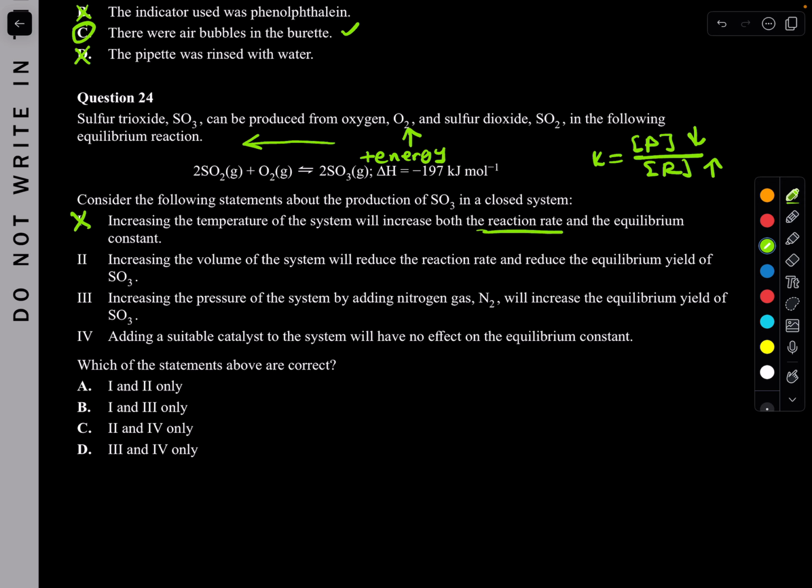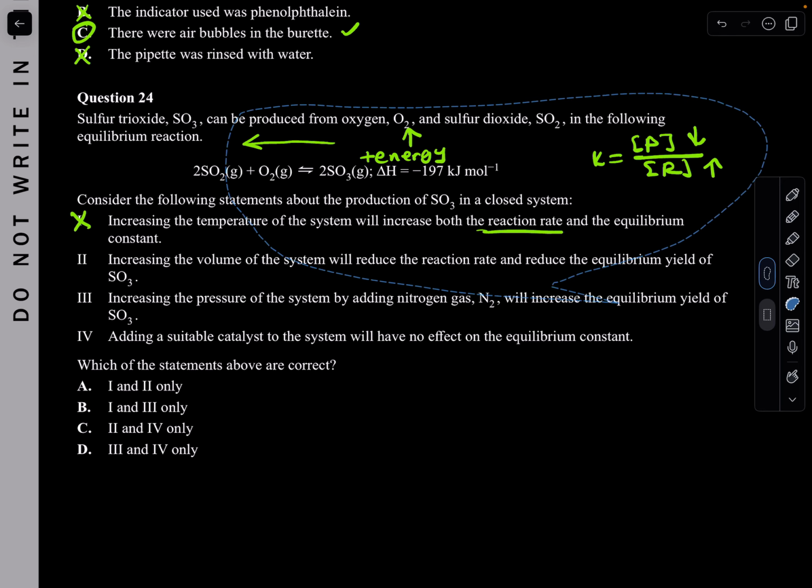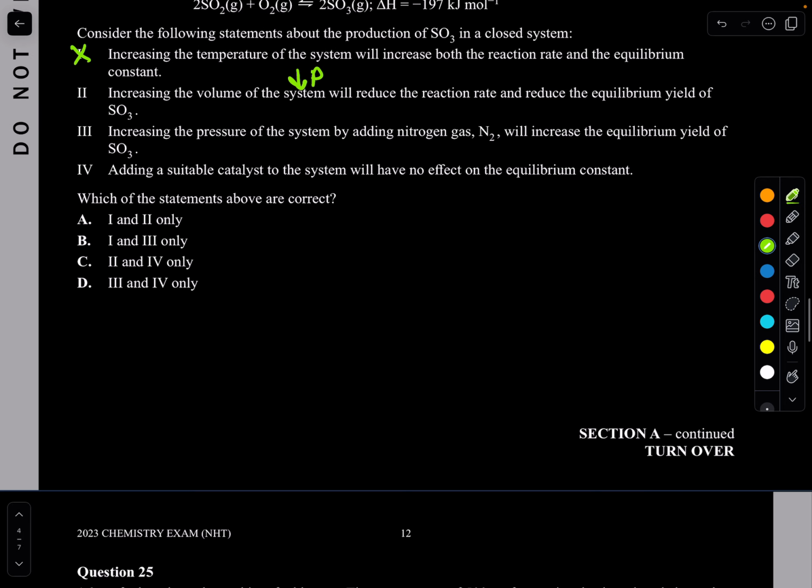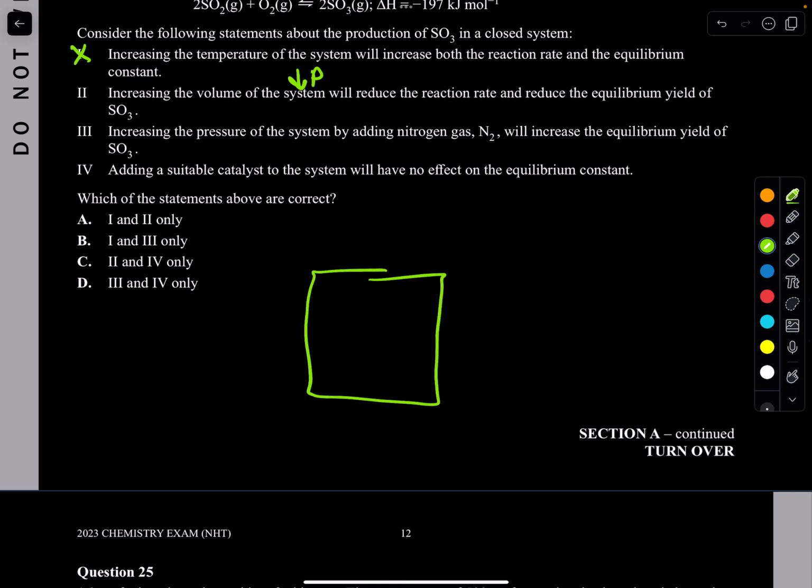Increasing the volume of the system will reduce the reaction rate and reduce the equilibrium yield. Let's have a look at this too. If you increase the volume, you're decreasing the pressure. And remember, if you decrease pressure, it will decrease the reaction rate. Think about it: let's say you started with a small volume, and you have two particles colliding with each other because they're in a small vessel.